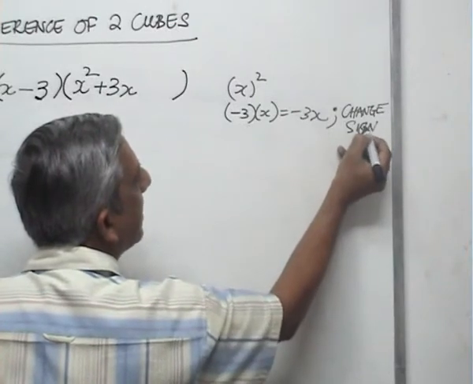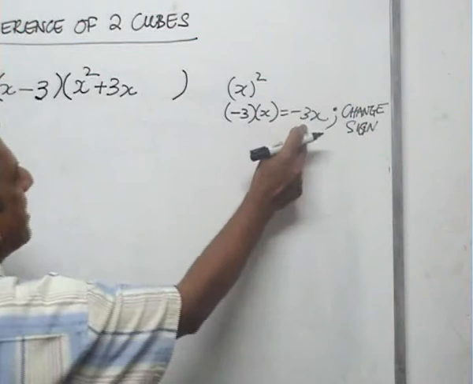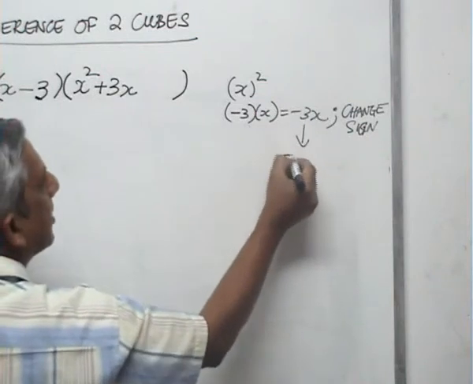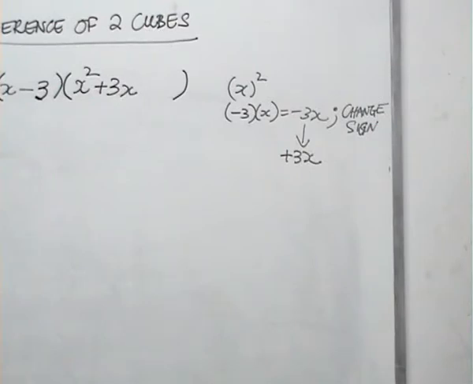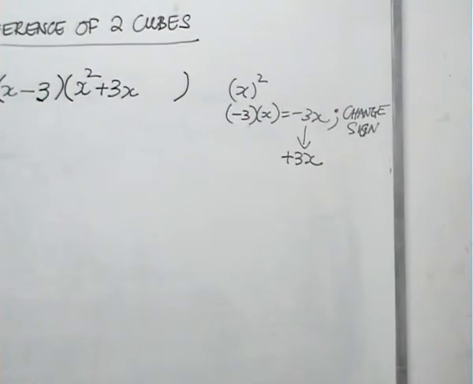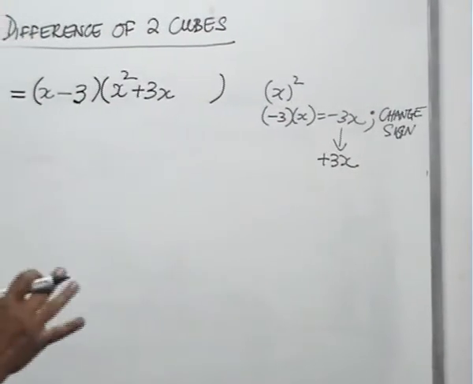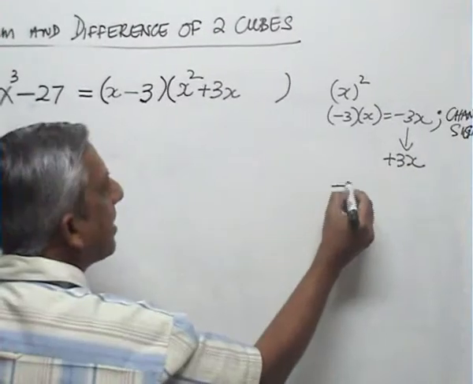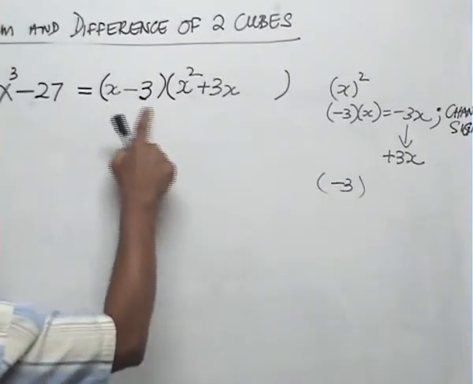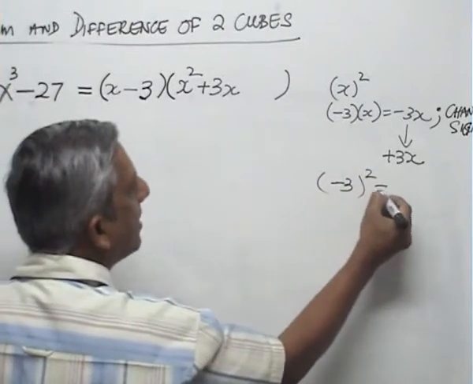So when you change the sign, minus 3x becomes plus 3x, and that's what you write over here. Okay? So multiply, you get minus 3x. Change the sign, it becomes plus 3x, and then you bring the plus 3x and write it here. And then finally, in the third step, you take this minus 3 here, and you square it.